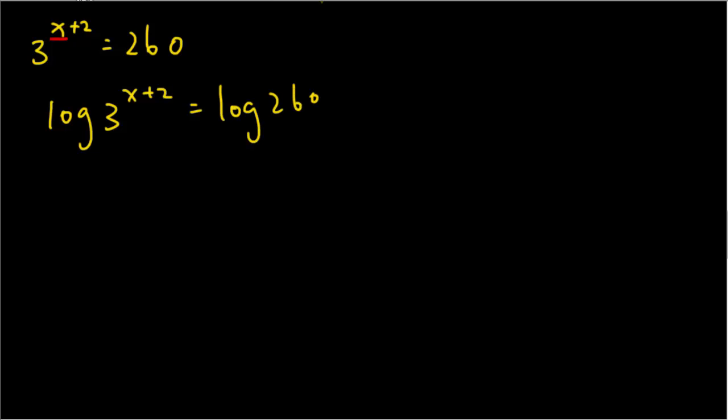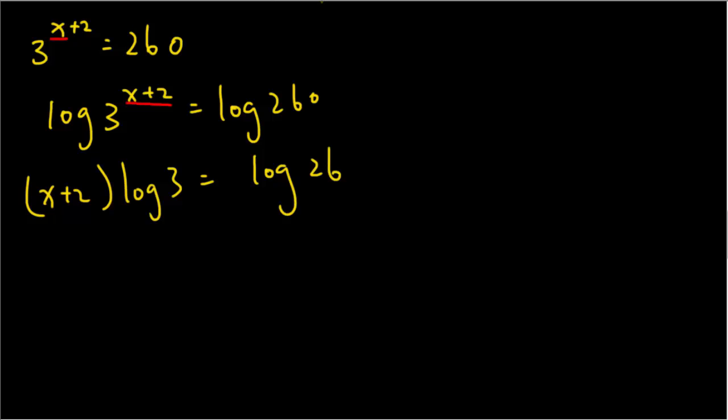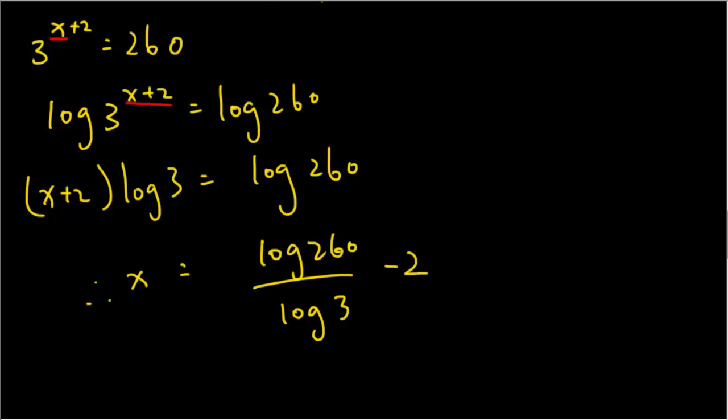Again, I can simplify this into x plus 2 times log of 3 equals log of 260. Therefore x equals log of 260 over log of 3, minus 2.